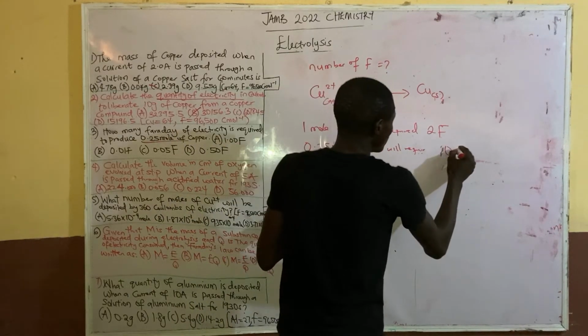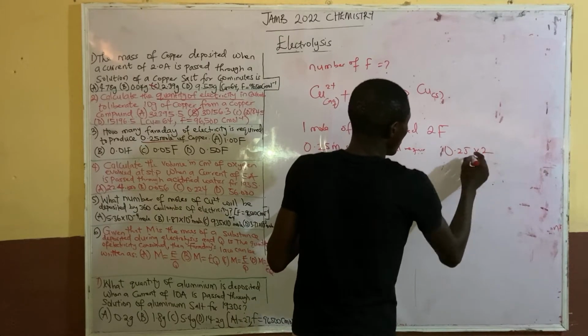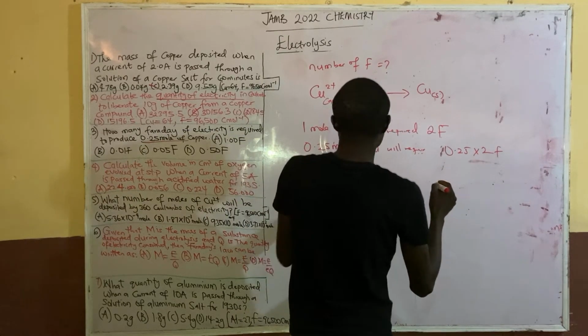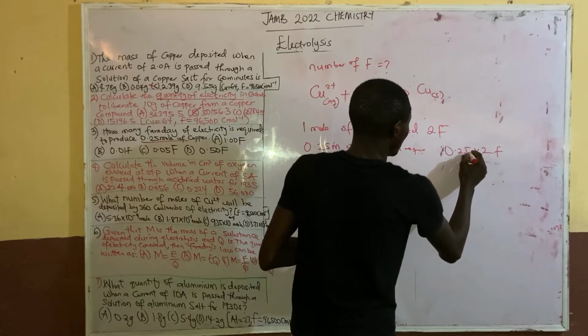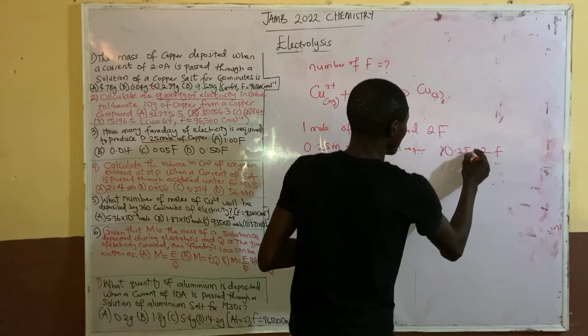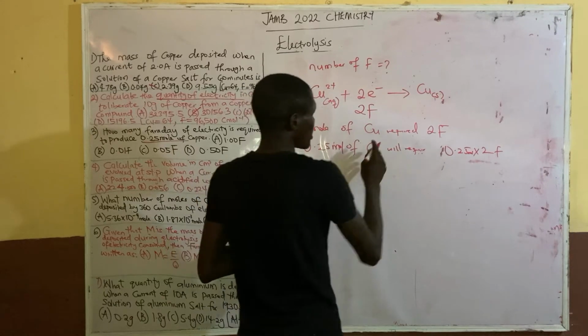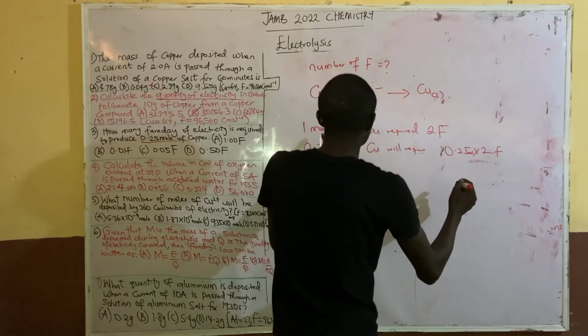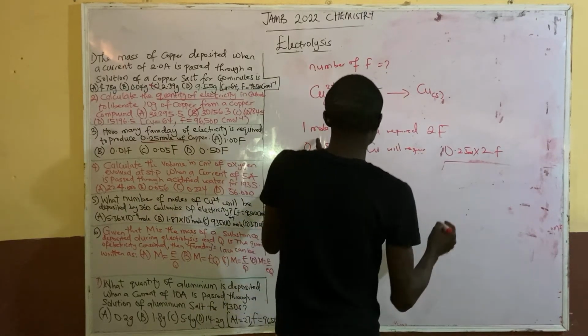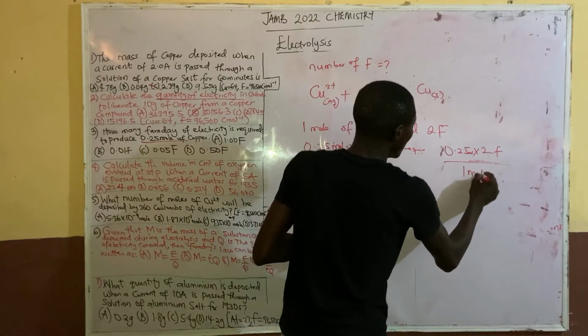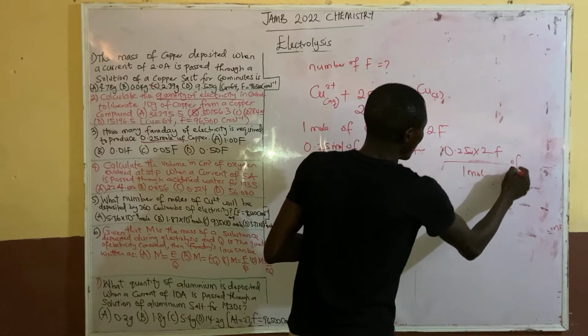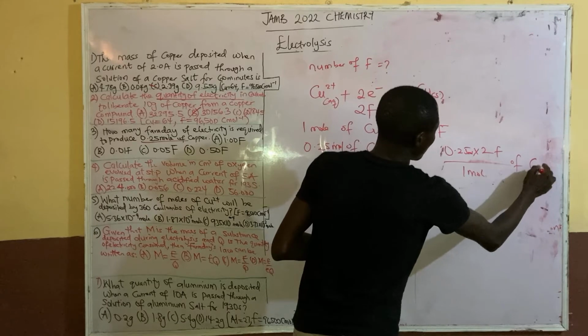We now require 0.25 times 2 Faraday. This is molar. Don't forget, 0.025 mole times 2 Faraday all over 1 mole of copper.